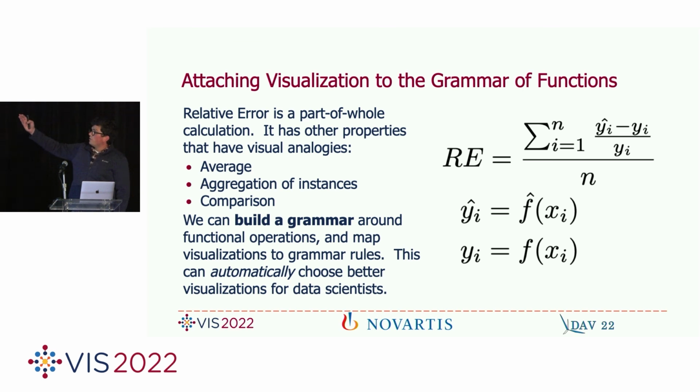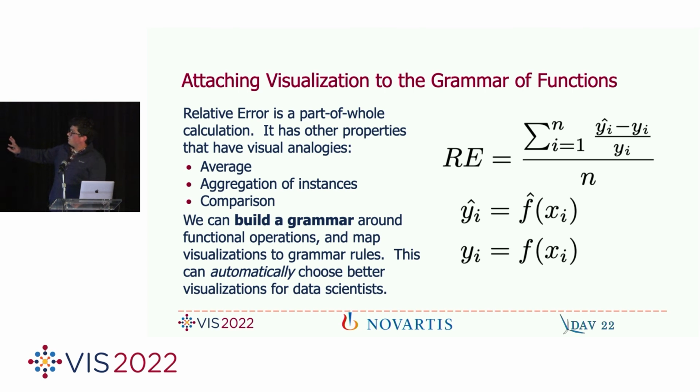So if it's an average, which we can imply from the computation, maybe that means we show distribution, right? If it's an aggregation of instances, maybe our visualization should include individual instances or outliers as well as the average. If it's comparison, because we have a function of y on the top of the fraction and a function of y on the bottom, maybe we use that sort of part of whole visualization from the previous slide.